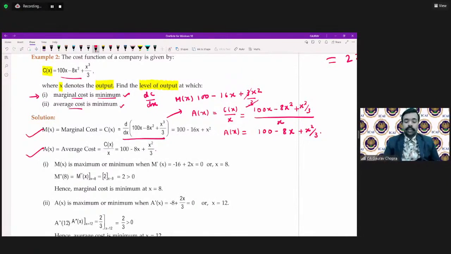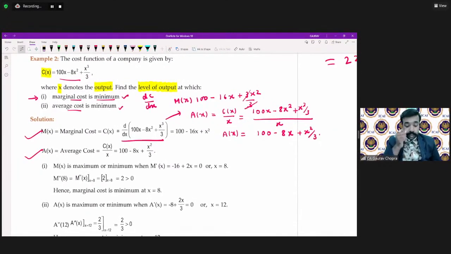Now we have to find its value. So for getting the value, what will we do? mx is maximum or minimum when m dash x is zero. So here we have to find the derivative again. Here we are finding m dash x, that means the derivative of mx.